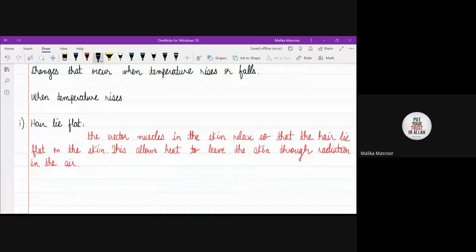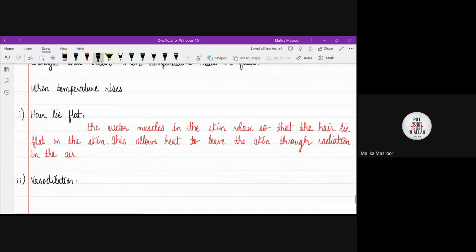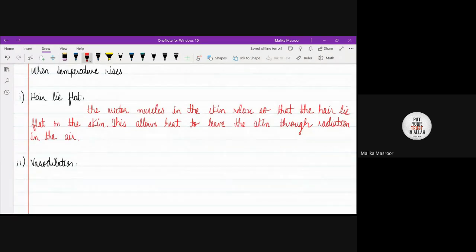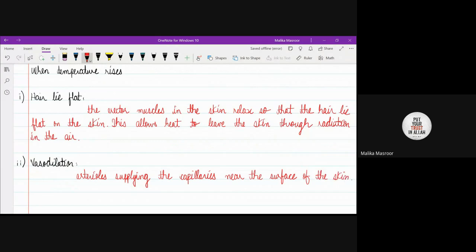Second, I have vasodilation. The arterioles supplying the capillaries near the surface of the skin become wider, that means dilated.